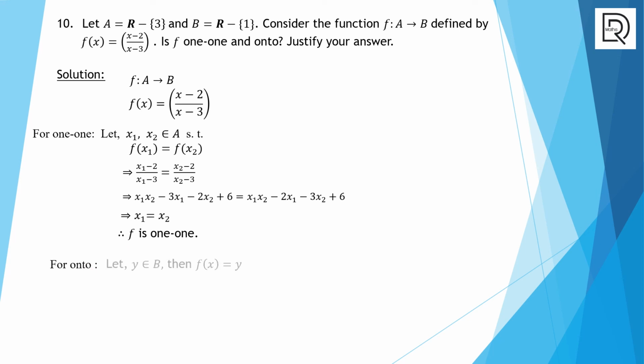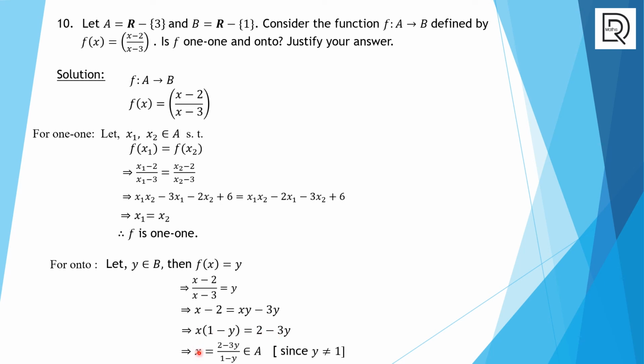Again, for onto, let y belong to B, this is the codomain. Then we can write f(x) = y. So this implies (x - 2)/(x - 3) = y. So we can write x - 2 = xy - 3y. So x(1 - y) = 2 - 3y. Now this implies x = (2 - 3y)/(1 - y).